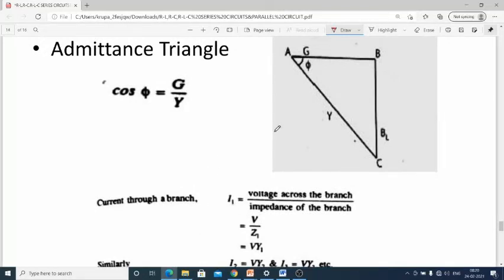If I consider Y instead of Z as in series network, where it is Z, R, and XL or X depending upon the nature, here it is G equal to 1 upon R, BL equal to 1 upon XL, and Y equal to 1 upon Z. So from the triangle, cos phi is equal to the adjacent side G upon the hypotenuse Y.